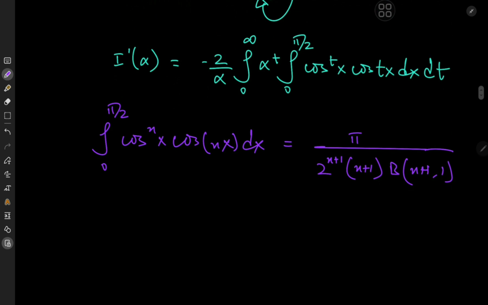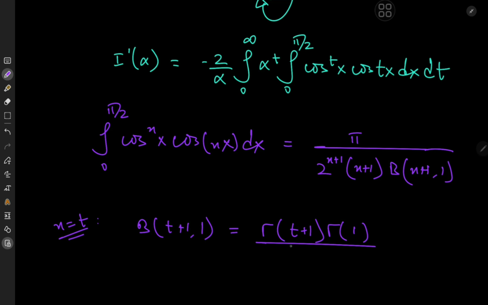Now, all we need is n equal to t, and we just need to figure out what this beta function looks like. So for the case of n being equal to t, we have beta t plus 1 and 1. So let's expand this in terms of the gamma function. We have gamma t plus 1 times gamma 1 divided by gamma at the sum of these two arguments, which is t plus 2.